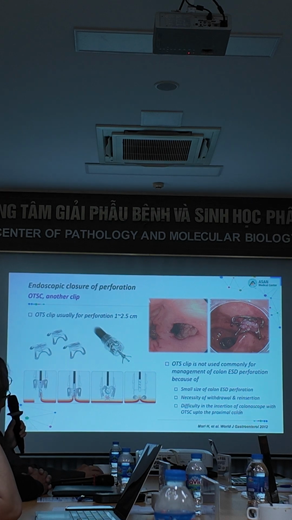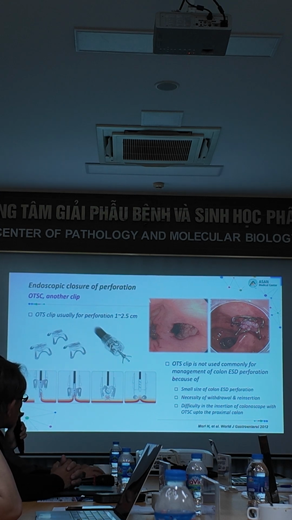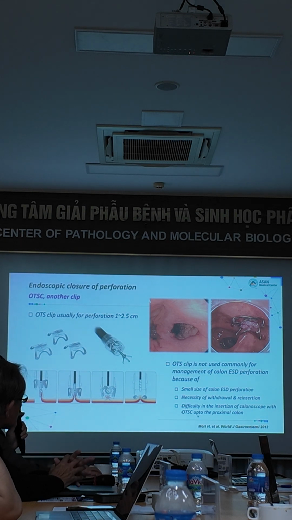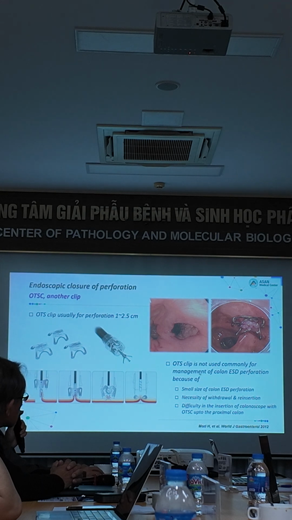And colon ESD perforation is more common in the proximal colon, but the insertion of a colonoscope with OTSC at the tip up to the proximal colon is quite difficult. So OTSC is not actually commonly used for management of colon ESD perforation.